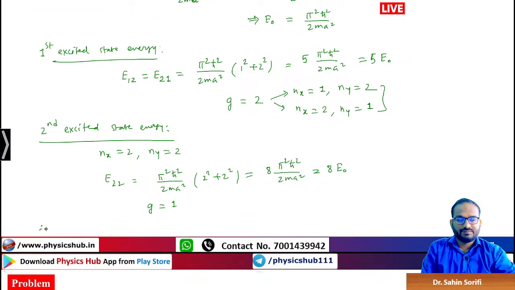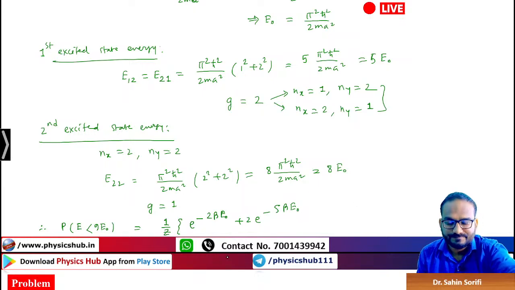So therefore the probability for the state with energy less than 9 E naught, you know the formula, 1 upon z into gi e to the power minus beta ei. 1 upon z multiplied by e to the power minus 2 beta E naught, degeneracy is 1, next degeneracy is 2, e to the power minus 5 beta E naught.